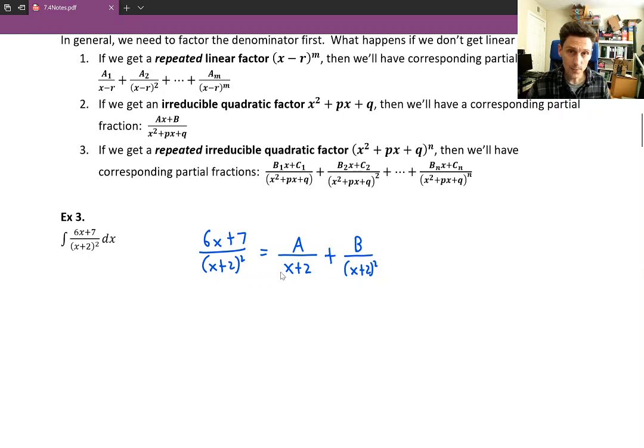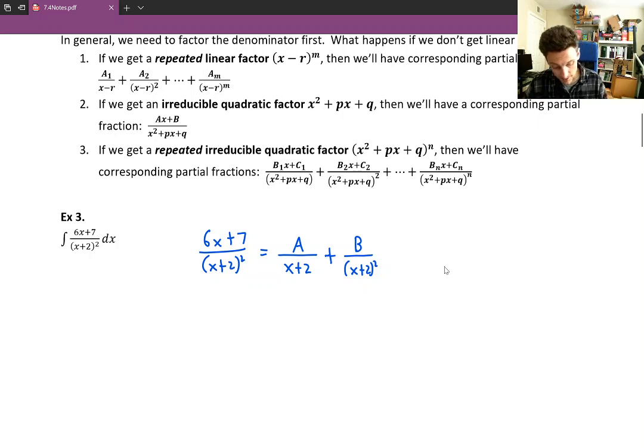So you're going to have all the powers of the linear factor from 1 all the way up to the highest power. So if we had (x + 2)^3, for example, it would be A over (x + 2) + B over (x + 2)^2 + C over (x + 2)^3. So the powers just go from 1 to whatever your exponent is.